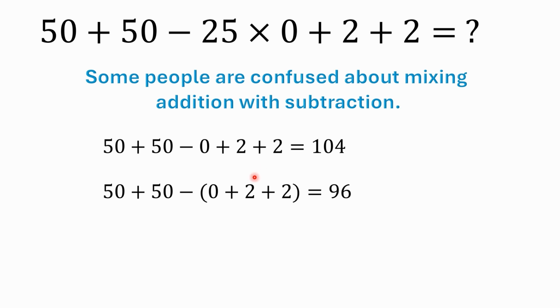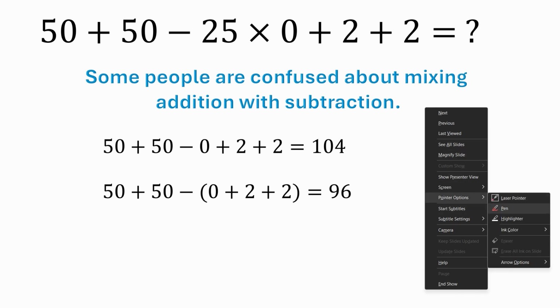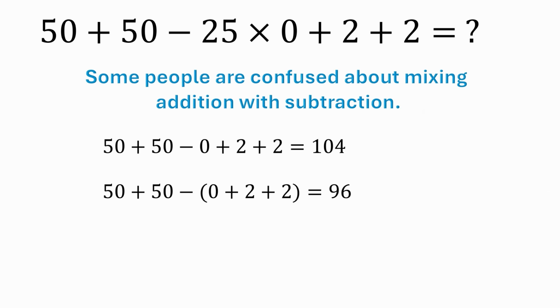Somebody that gets 96 as an answer probably needs to explain this to me, because it kind of hurts my head, but I think what they're doing is adding 2 plus 2 and getting 4 here, I guess.